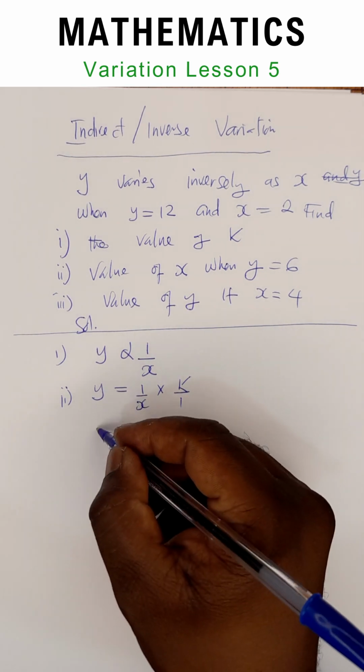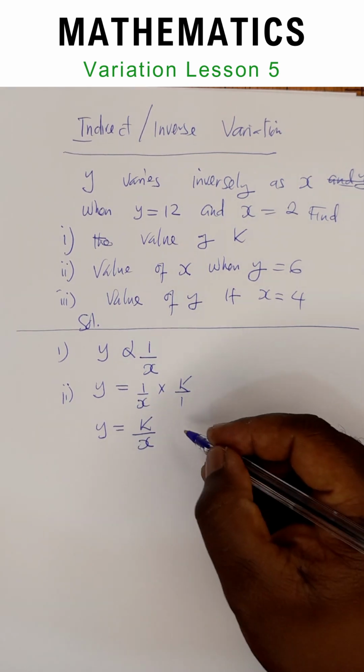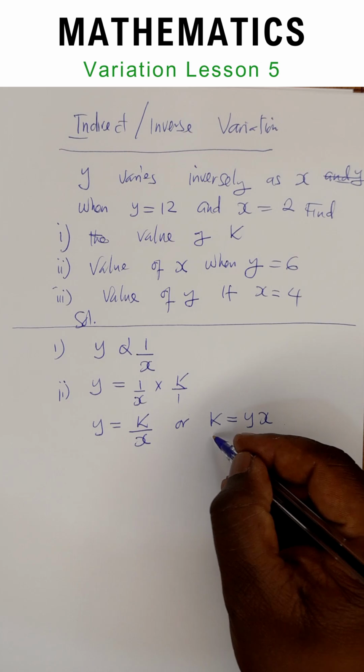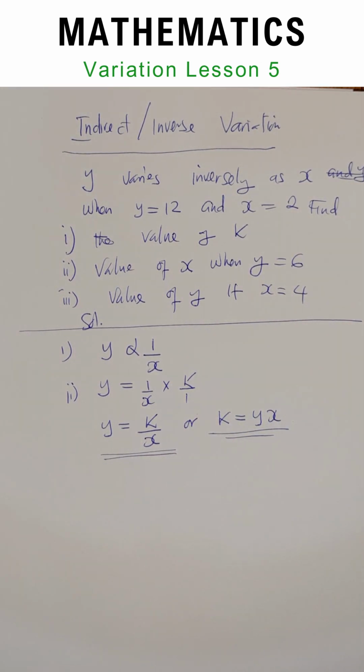So we can simply say y is equal to k over x. It doesn't matter, or if you want, you can say k is equal to yx. All these are equations connecting these two components that are inversely related.